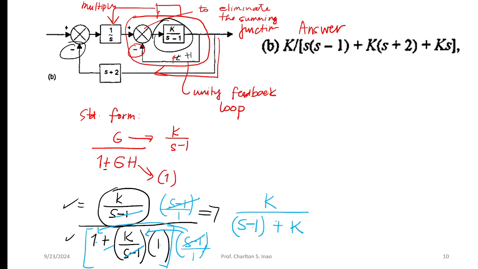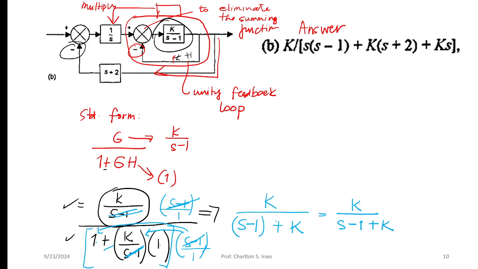So plus K. So did we miss something? So S minus 1 cancelled, S minus 1 is cancelled. So this one is S minus 1 plus K. Okay? So S minus 1 plus K. So this one becomes, right, like this. K over S minus 1 plus K.